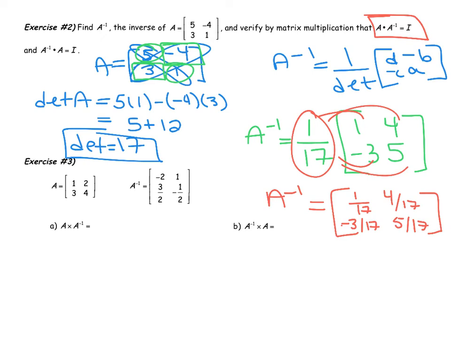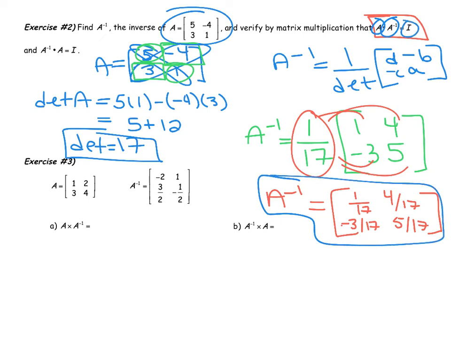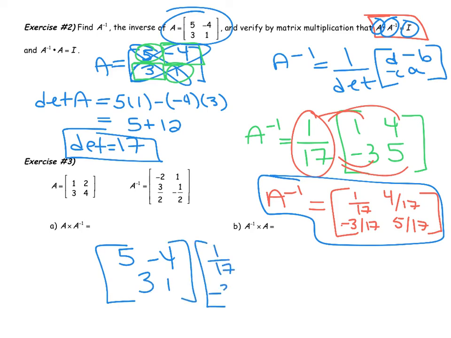All right, so very quickly I will just show you that. If I were to multiply A times A inverse, I should get back to the identity. So I'll write that over here. If I have 5, -4, 3, 1, and I multiply that by the inverse, I should get back to the identity. All right, we're just doing matrix multiplication here, guys.